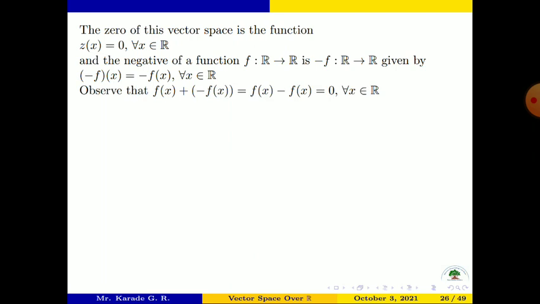Observe that f(x) plus minus f(x) is equal to f(x) minus f(x) is equal to 0 for all x belongs to R.